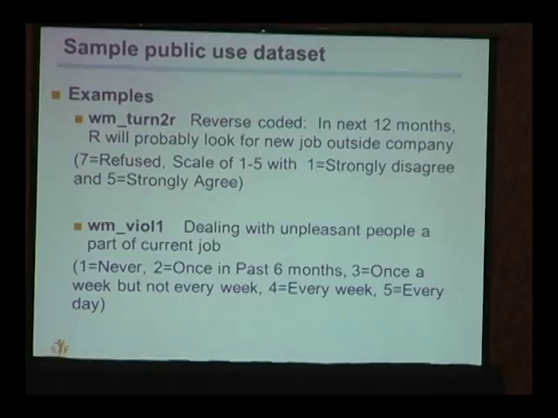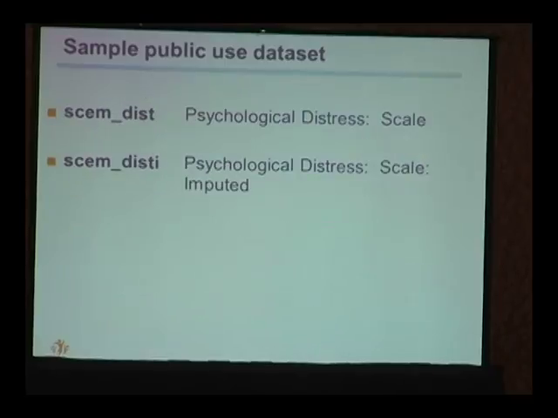For example, for this variable, WM indicates that's the work module. Turn indicates that it's a part of the construct of turnover. 2 indicates that it's number 2 of the series of items on turnover. And R indicates that we actually reverse coded it. So this is something that you need to keep in mind as you work with the data set.